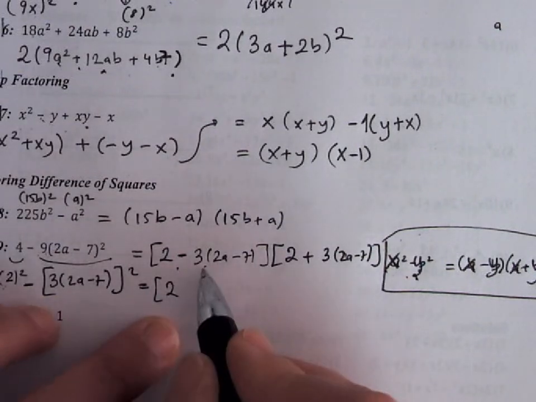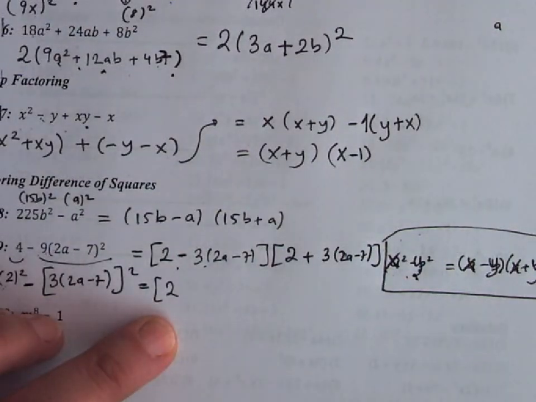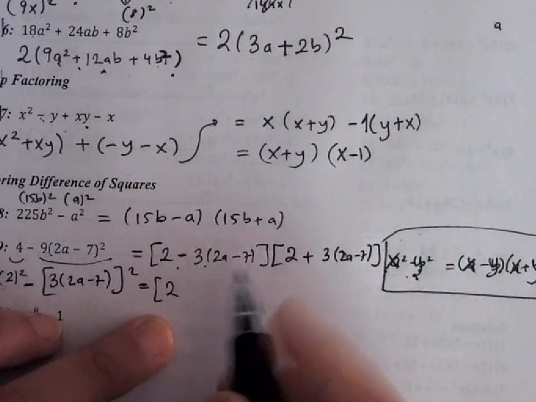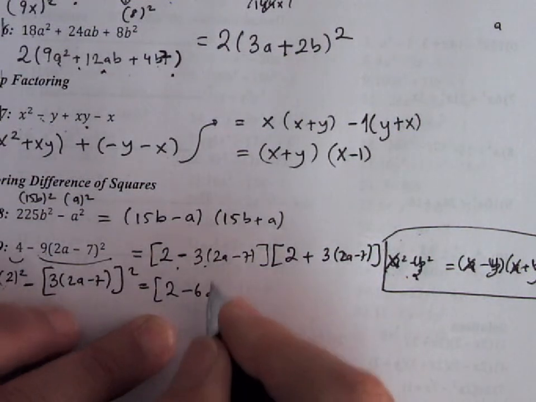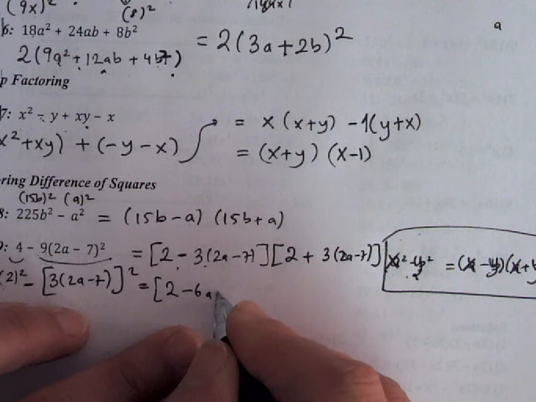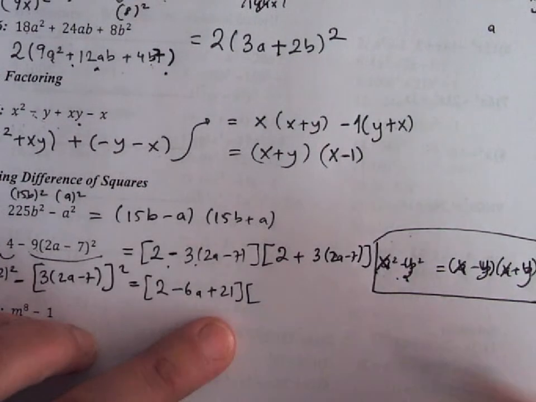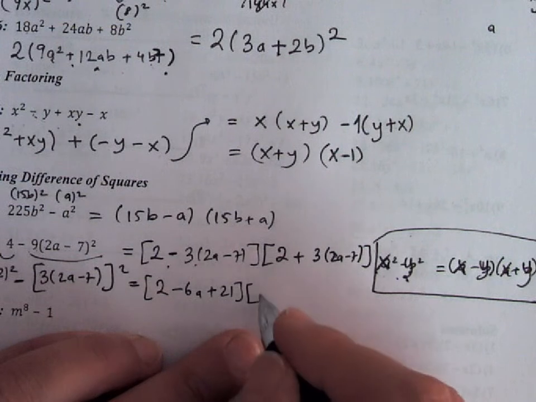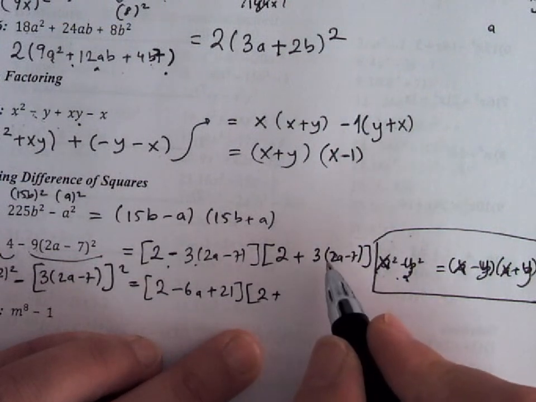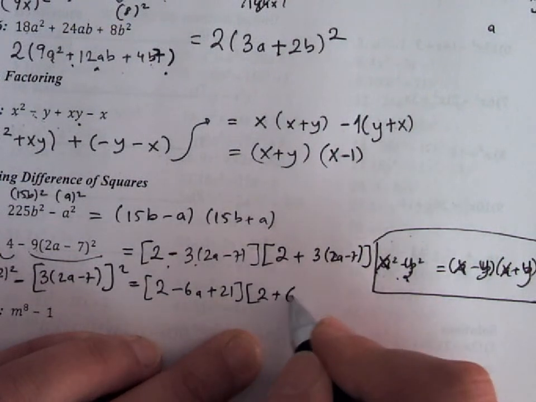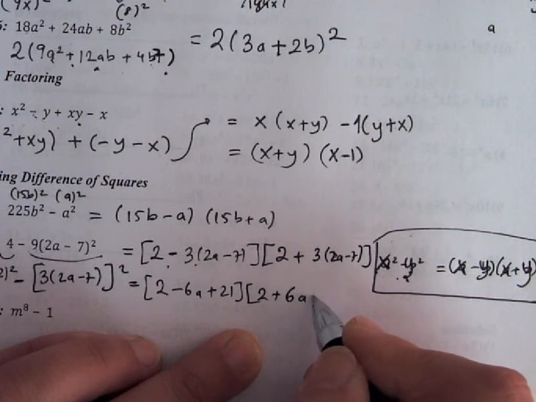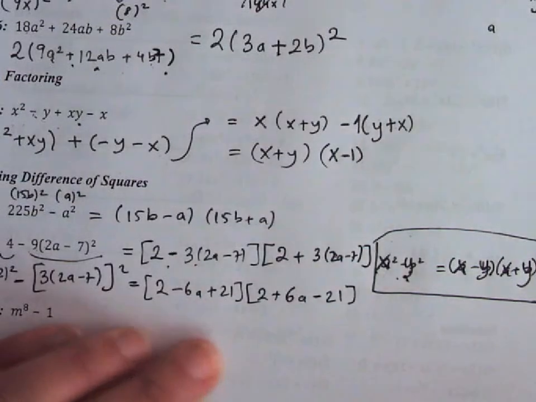So to distribute this -3, -3 times 2a is -6a. -3 times -7 gives you 21. And now let's do the same thing for the second bracket. 2 plus distribute 3. 3 times 2a is 6a. 3 times -7 is -21.